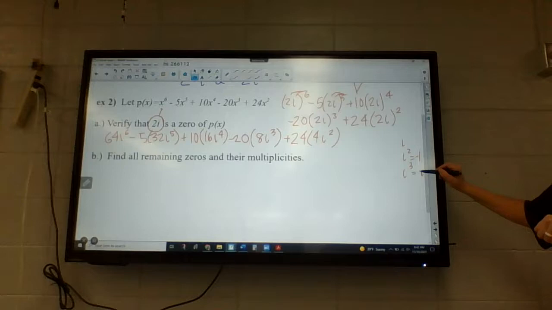So I'm going to bring this one down as well because of my subtraction here. So we get 6x to the 4th. These cancel. And then I'll bring this one down.